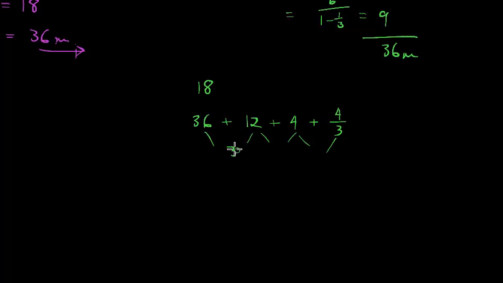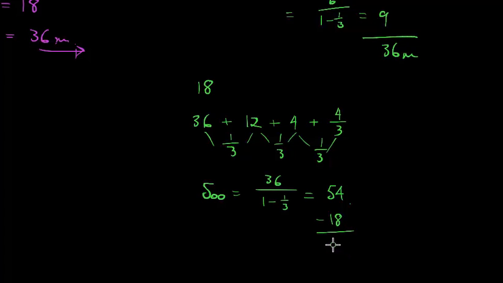Yes, because this is a third, that's a third. So the sum to infinity for this one would be 36 over 1 minus a third, which is 18 times 3, which is 54. But I added an 18 here, so I just remember to subtract it in the end. So minus the 18, which gives me 36.